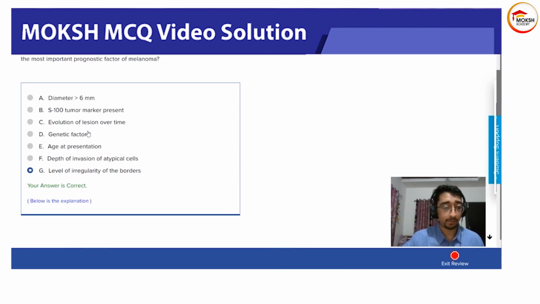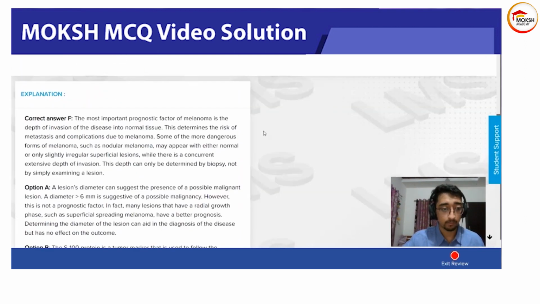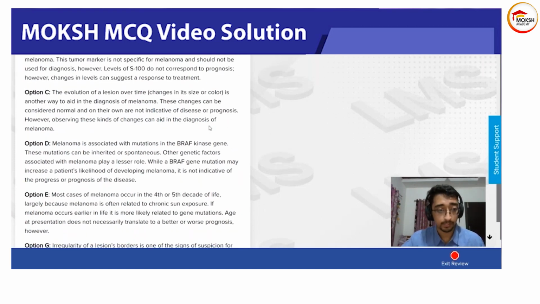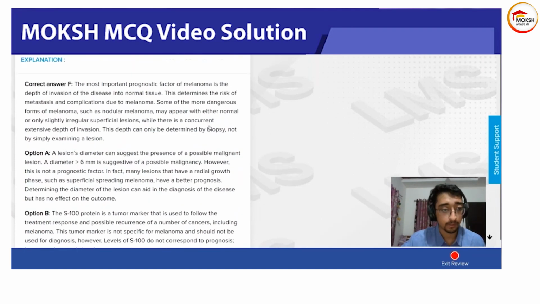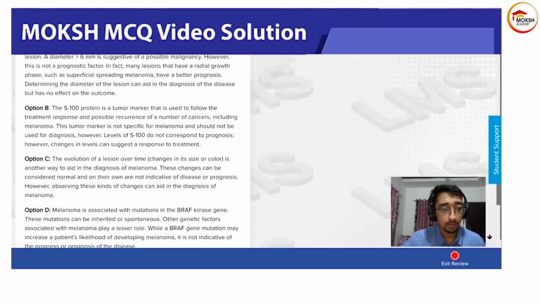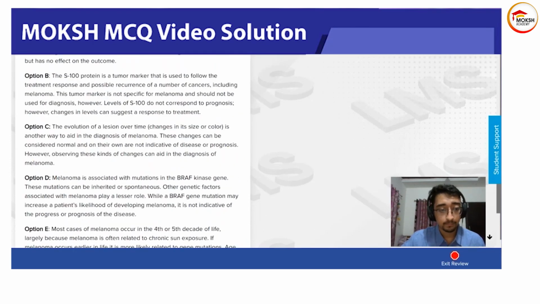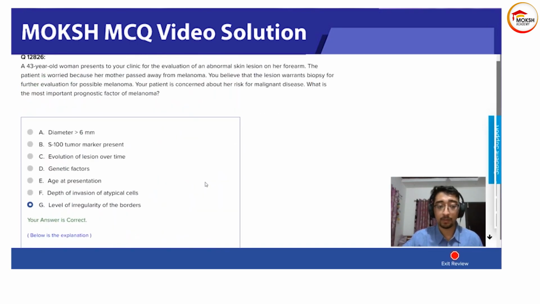Genetic factors, that's a pretty vague term. Let's look at what MOKSH explanation has in store for us. D. Genetic mutation as in BRAF kinase, etc. So yeah, like it says here, it increases the likelihood of developing a melanoma, but it has nothing to do with prognosis, right? Same goes for the other presentation, right?